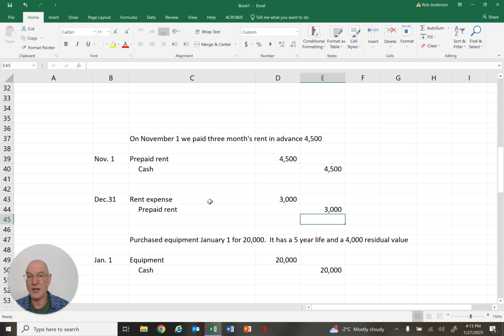And notice once again, our income statement account is up to date, and our prepaid rent account had $4,500. We just did a credit of $3,000. The balance sheet amount will be $1,500, showing the correct amount of that current asset.